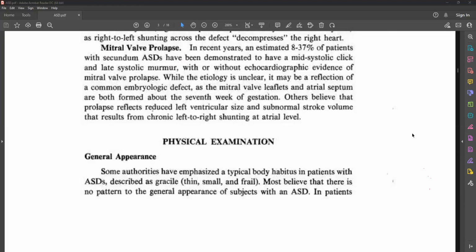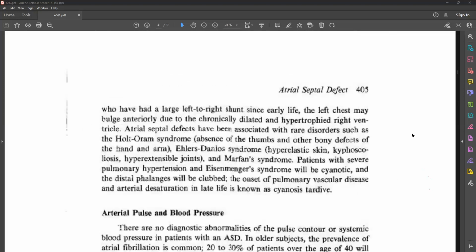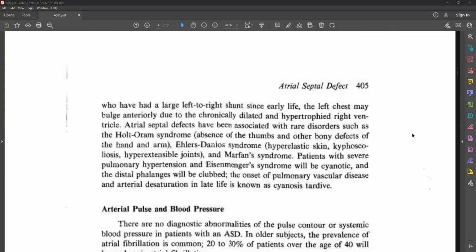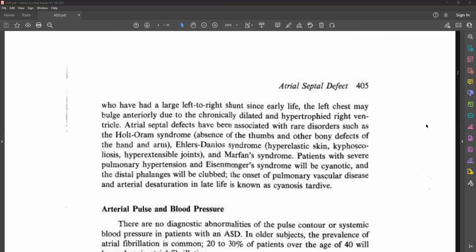Then coming to the general appearance, there is no typical habitus, though some books have given one, including this one; that is not accepted. And if you look at the syndromes which are more commonly associated, as you can see, Holt-Oram syndrome, Ehlers-Danlos, these are very rare. Okay, so have that in mind that atrial septal defect is often an isolated finding.